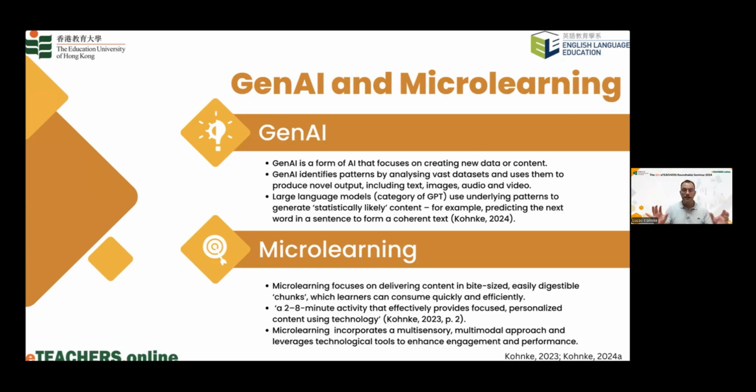So I want to create something new and I want to make it accessible for the learners. To do that, I use microlearning. Now, micro doesn't mean I make something dumber. It doesn't mean I dumb it down. Microlearning means I'm focusing on giving the learners content that is bite-sized, something they can easily digest in small chunks.